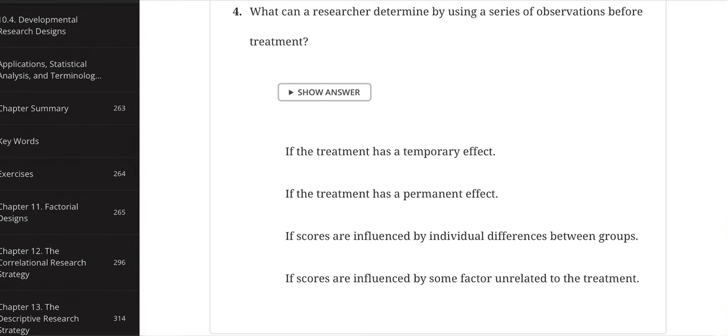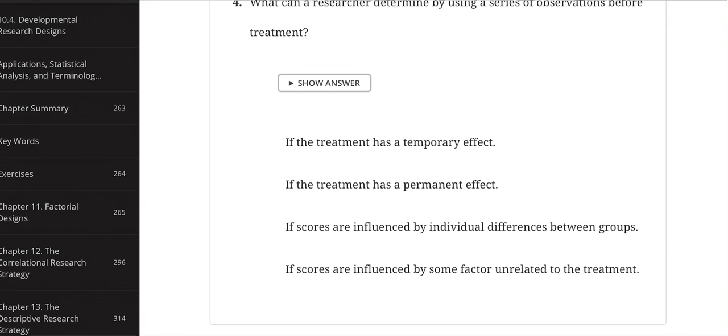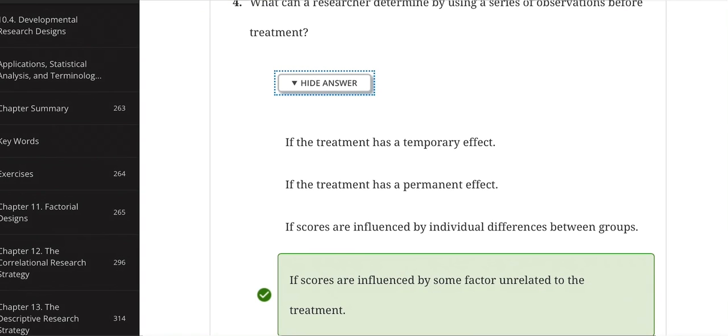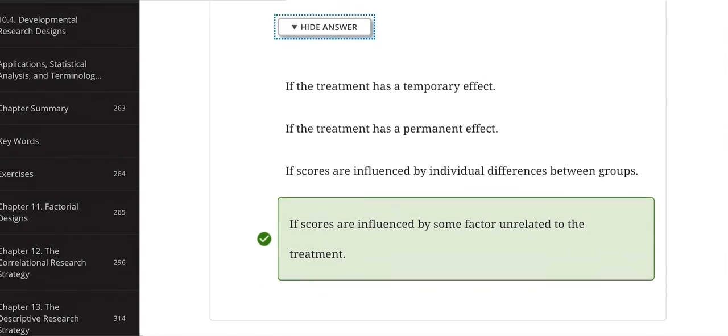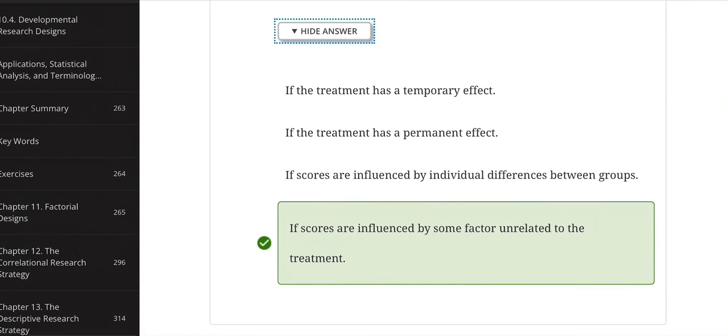And then number four, what can a researcher determine by using a series of observations before treatment? That's the diagrams and graphs that we were just looking at. By seeing those series of observations before, you are able to see if the scores are influenced by some factor that's unrelated to the treatment. Obviously, that third answer, influenced by individual differences, doesn't even apply to this design because we're not talking about between groups.